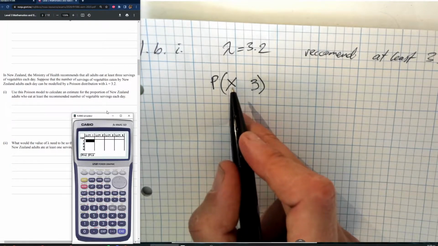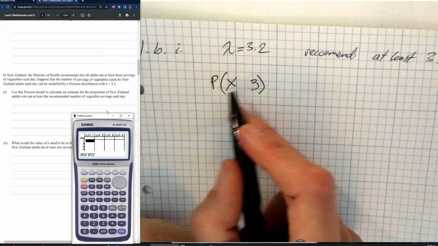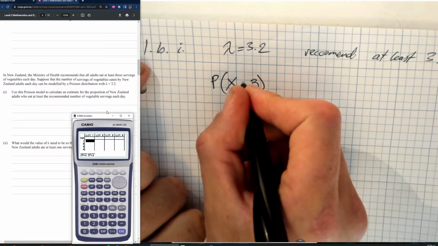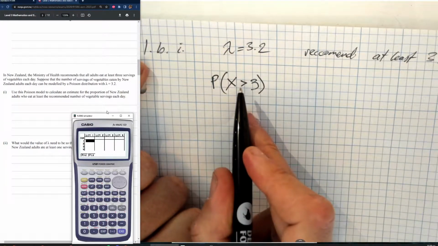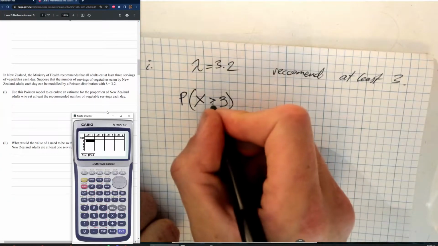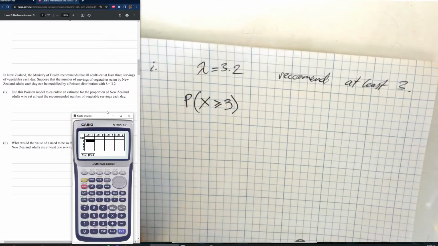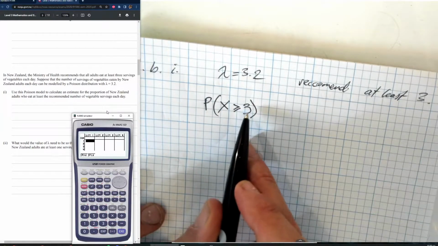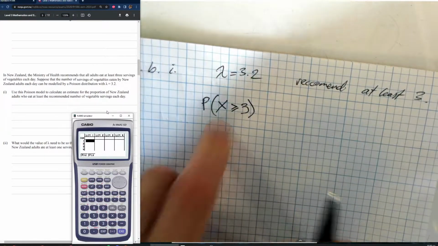No. We want at least 3. So an adult that eats 3, 4, 5, 6, 7. So the crocodile is going to eat this side, right? And because it's at least, that means we also have to have an equals involved. So that means the probability that x is greater than or equal to 3. So this is what we're looking for here.